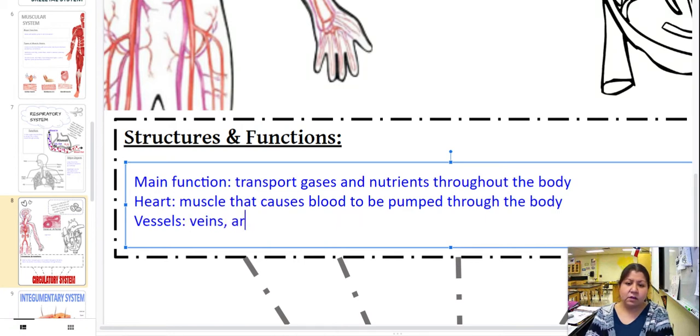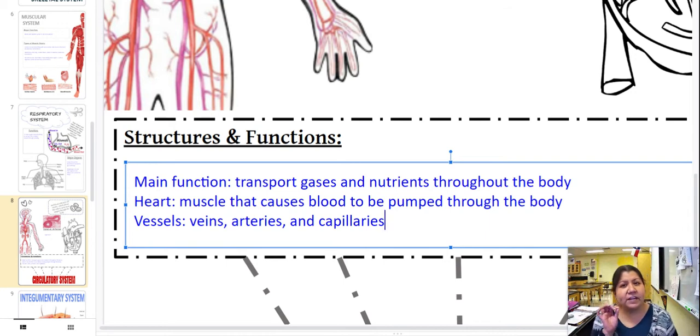We have veins, arteries, and capillaries. All of these vessels are essentially the tubes that blood is going to travel through. Blood's going to be traveling all throughout our body. So we need to figure out some of the differences between our veins, arteries, and capillaries.